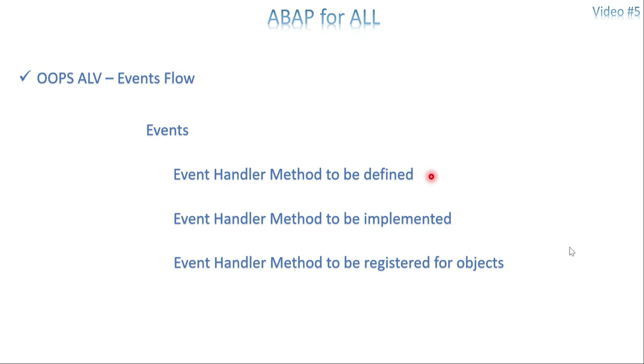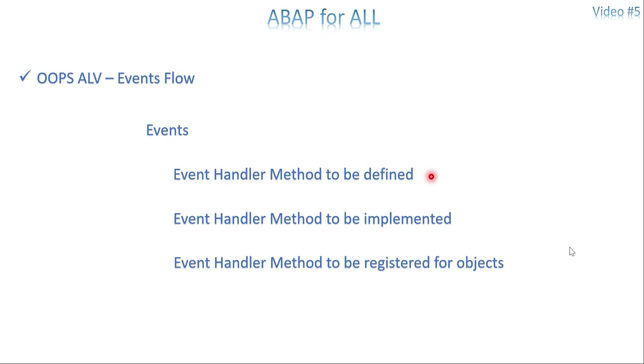We need some place to write the code for the next step, right? That comes under the event handler method. It's a normal method, but technically we call it an event handler method because it has some different properties. An event handler needs three different steps here.